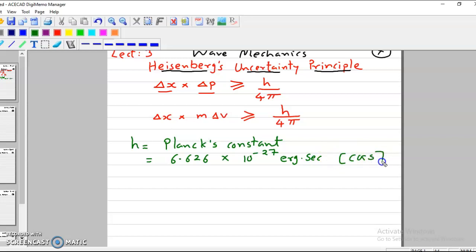You must be knowing what is CGS, which is centimeter, grams and second, or it can be 6.626 times 10 to the power minus 34 joule into second. This can be used in MKS system, that is meter, kilograms and second.